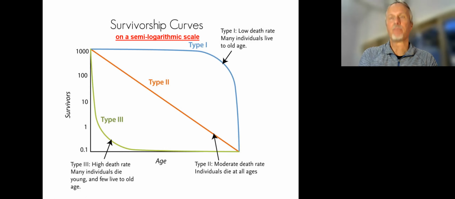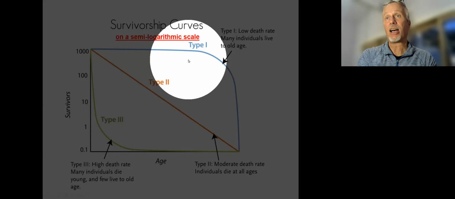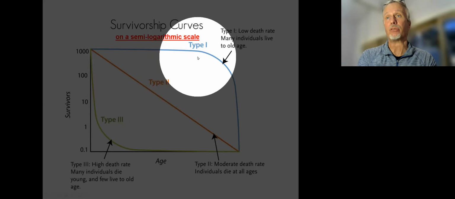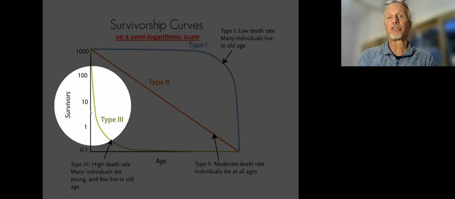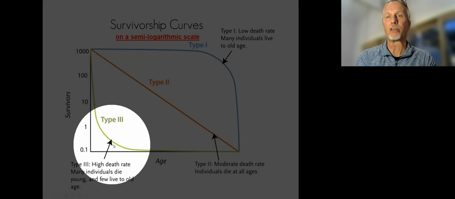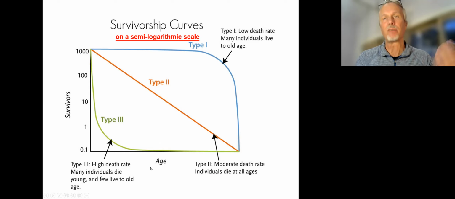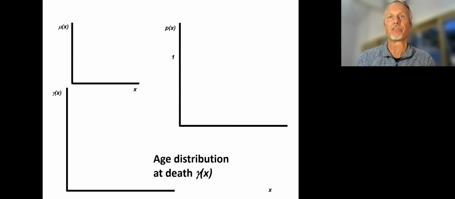In the case of type 1 mortality functions, we can see lots of individuals have a high probability of surviving to old ages. In the case of type 3, there is a high death rate in the early ages, and so the probability drops down very quickly, and only a few individuals might survive to really old age. And type 2, of course, is an intermediate function.